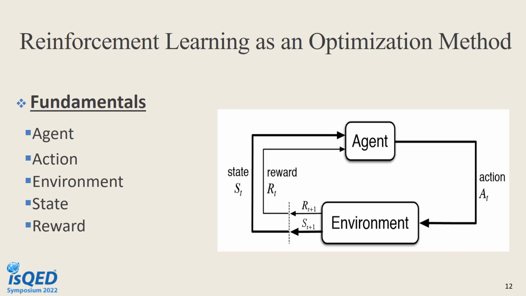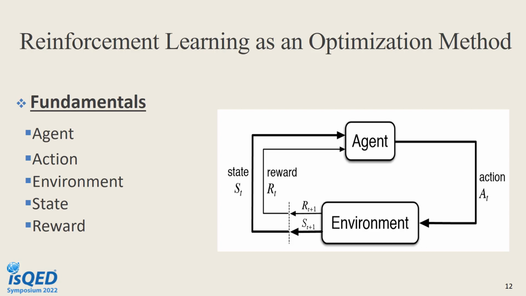So we use reinforcement learning for our placement. As you can see here, there are some fundamentals of reinforcement learning. We have the agent and the environment. The agent gets experience and reward from the environment, takes actions based on that reward, and trains itself to take the best action to get better rewards from the environment.